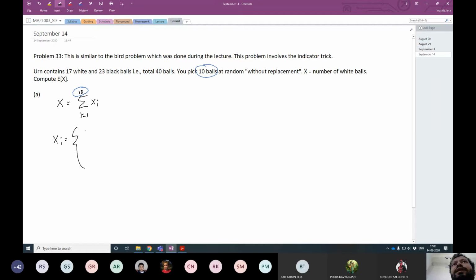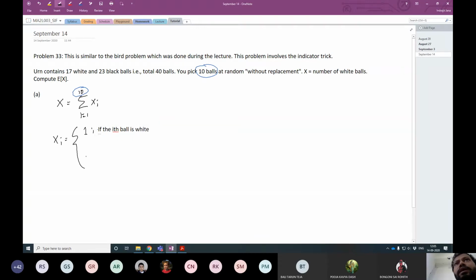So you should define Xi equal to 1 if the ith ball is white.